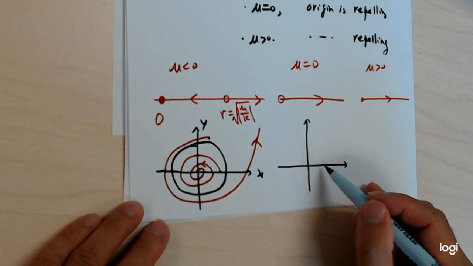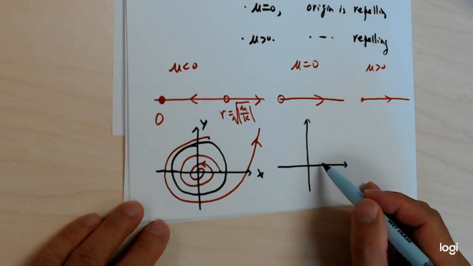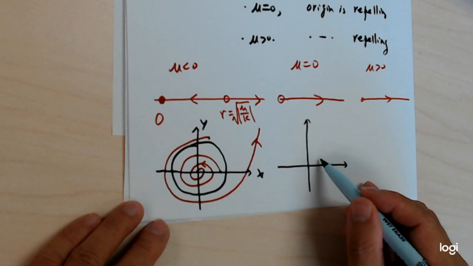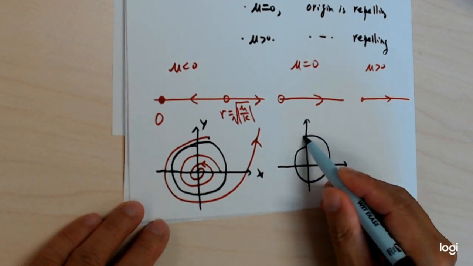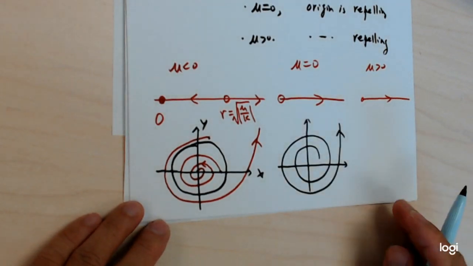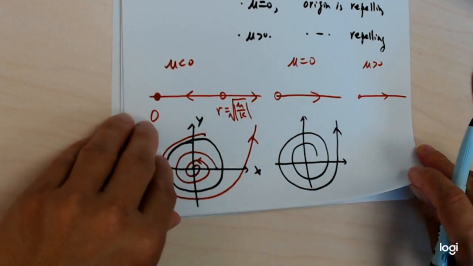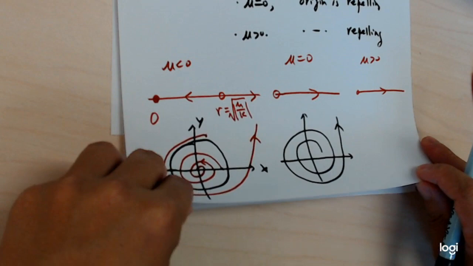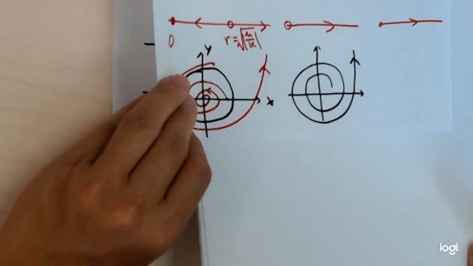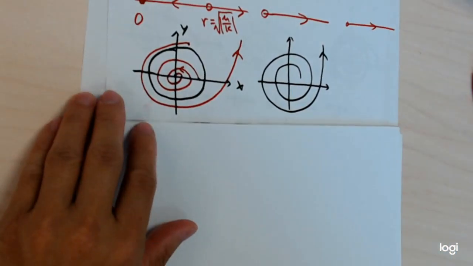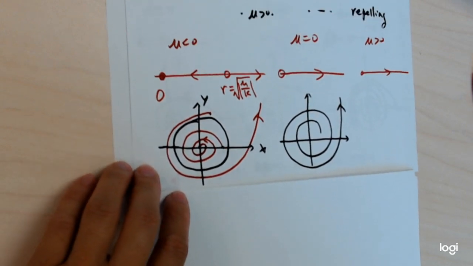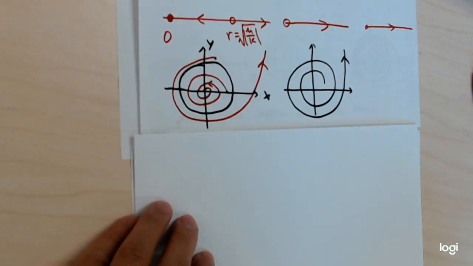There is no closed orbit. The trajectory is simply spiraling away. Okay, and same story for this one. So this is a different story. Okay, so this is a different behavior.